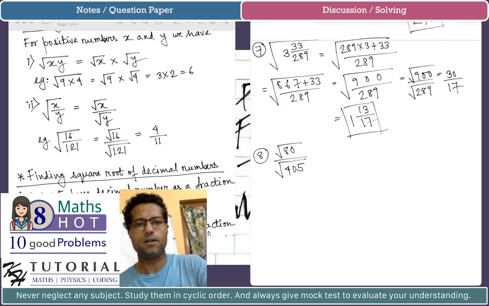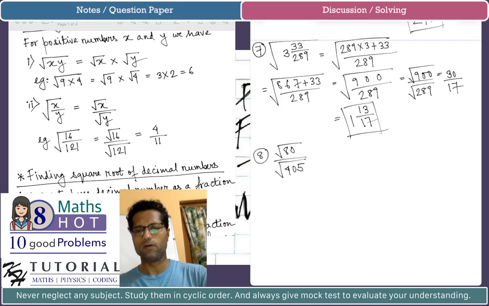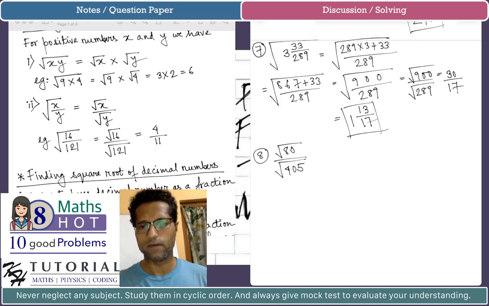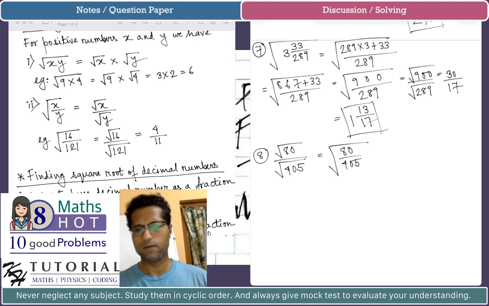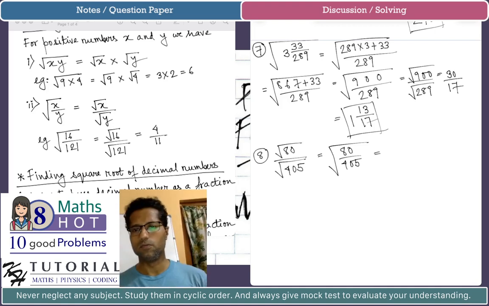So we are given the form square root of 80 by square root of 405. So we can write it as square root of 80 by 405. Maybe 80 by 405 can be converted into a simpler form, so that the numerator and the denominator both will be perfect squares.